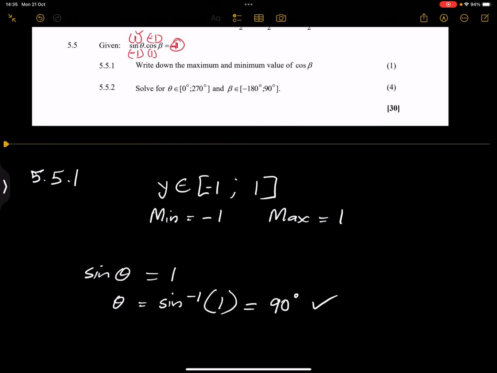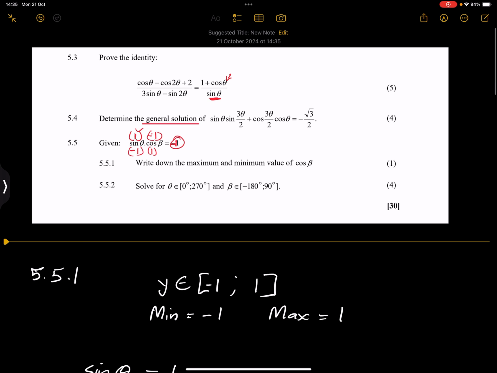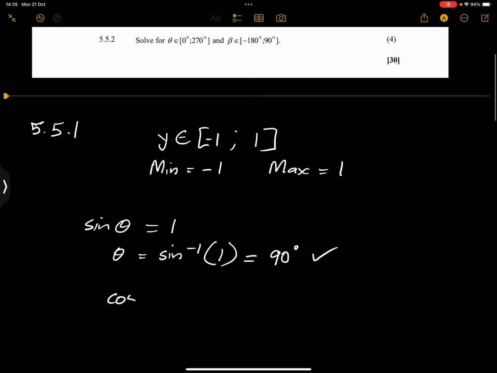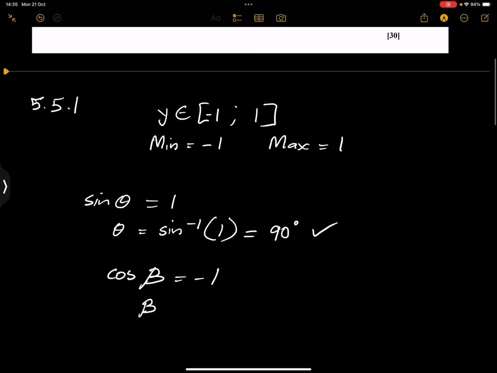In this case, we said when sine is 1, cos has to be -1. So where is cos beta equal to -1? Beta would be the arc cos of -1, and I want you to think about it. If we're looking at our cos graph, where is it equal to -1? It looks something like this.